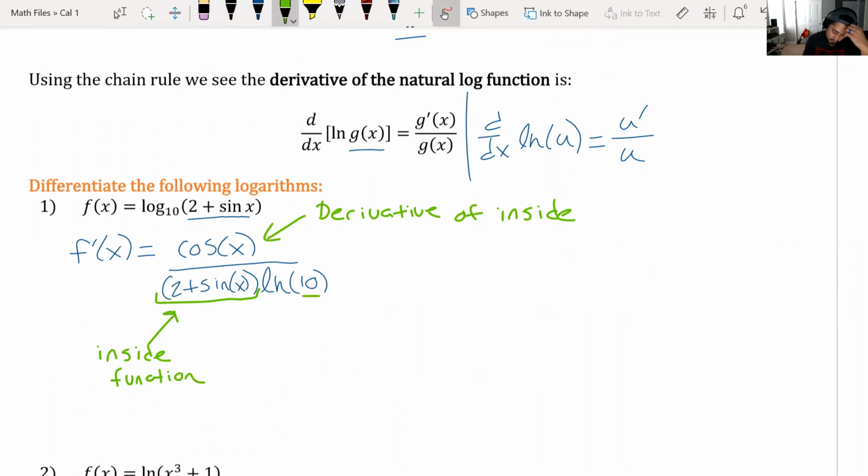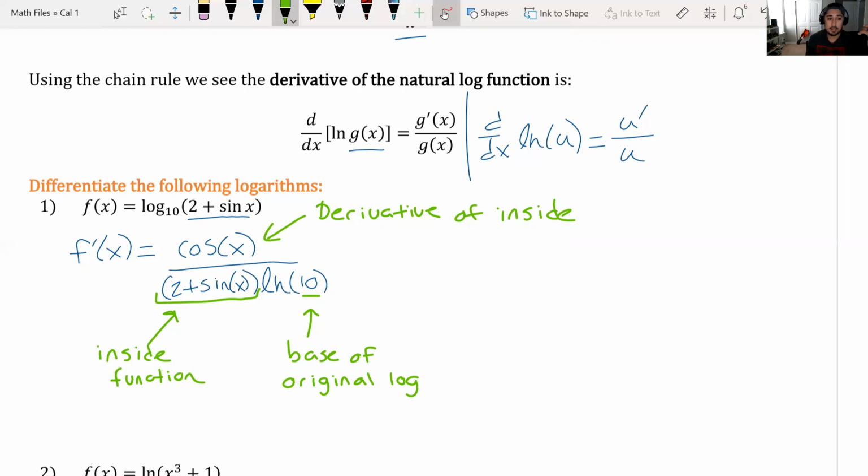And this was the base of the log. Now it's no longer a base, it becomes the value inside the natural log. So that's everything that happened.